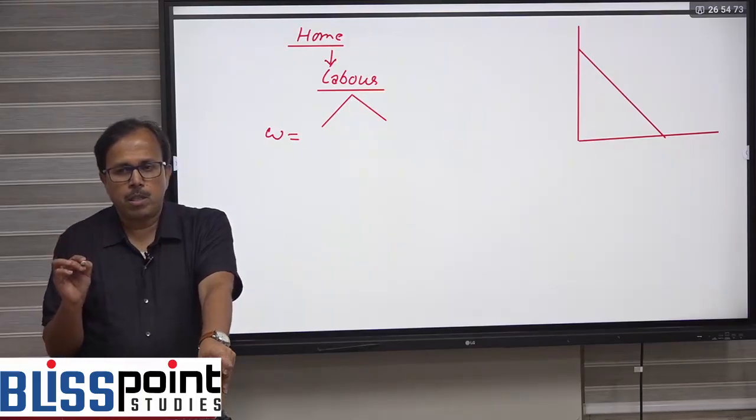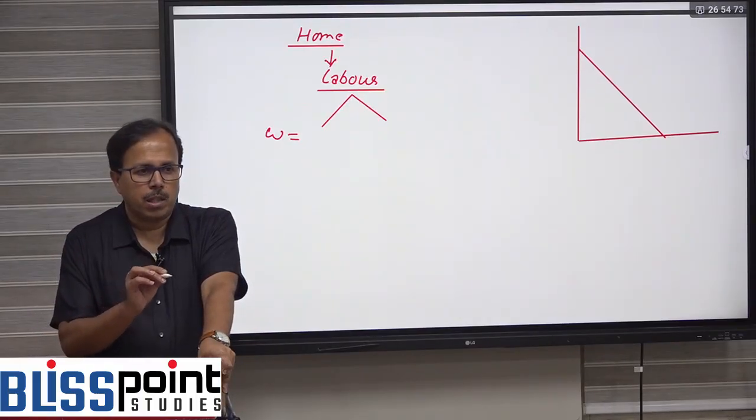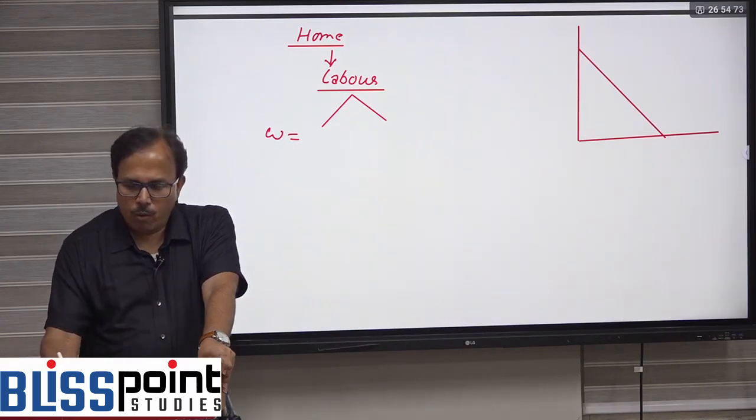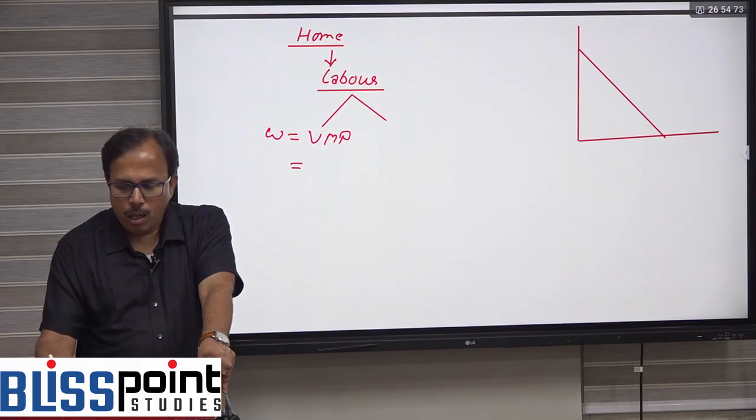Under perfect competition, factors are always paid according to their marginal product, that is the value of their marginal product. So wage will be equal to what? Value of marginal product. And what is the meaning of the term value of marginal product? Marginal product multiplied by the price of the output.